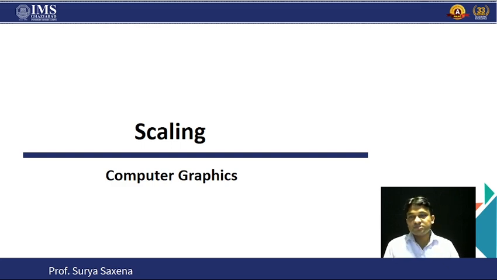Transformation, which we discussed earlier, means a change with respect to time in a particular position, in a particular size, or in orientation. That all comes under transformation. So scaling is another type of transformation. After studying translation, we are starting scaling.